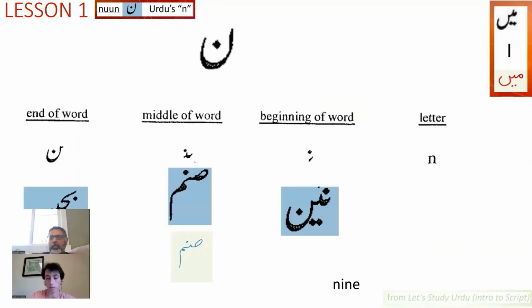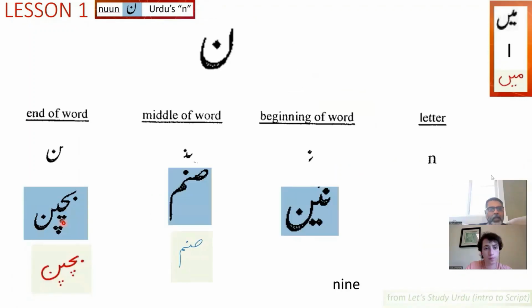So the letter N, Noon. In this word here, this is 9, the English word 9, N-I-N-E. This is the word Sanam, which is a kind of cool word. It means your love, Sanam.